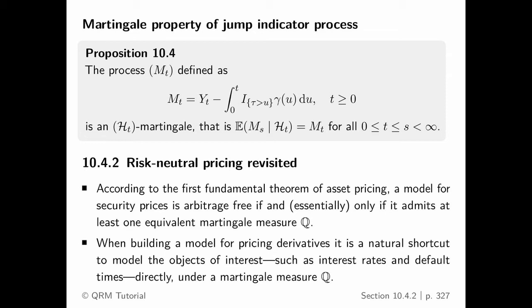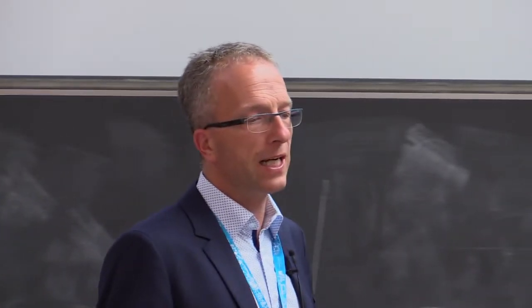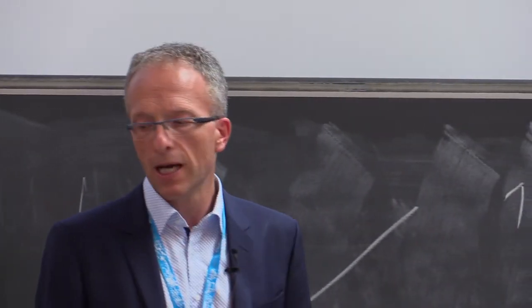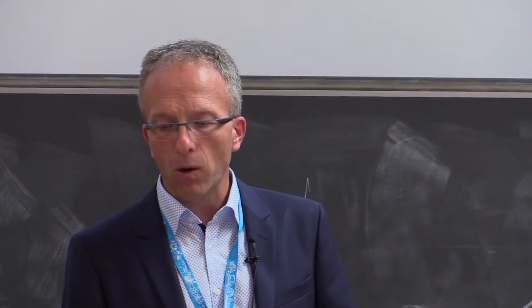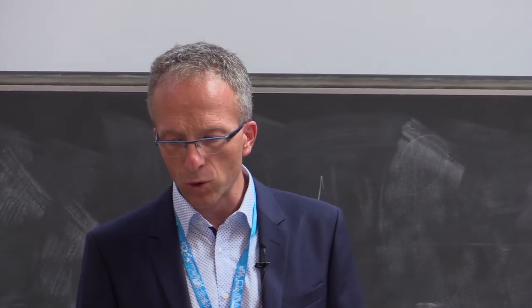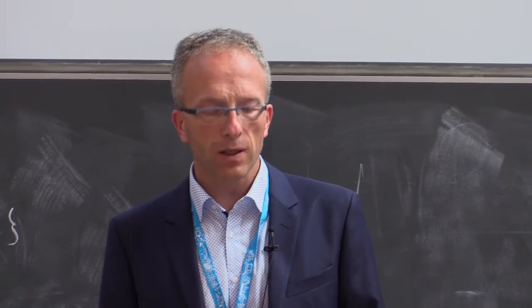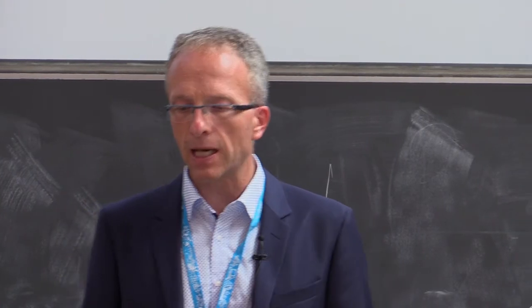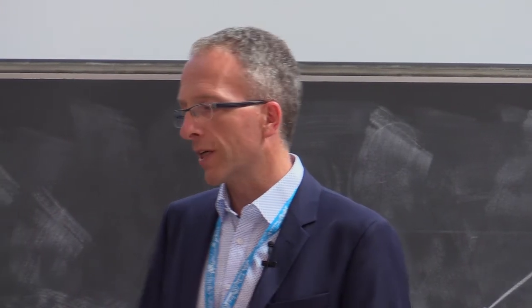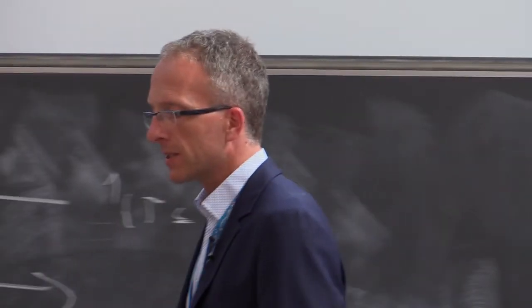Okay, so that's the mathematical tools to understand the hazard rate models. And now we come to some financial tools. We will have a very quick look at risk-neutral pricing to refresh your memories, and because it is important to distinguish it from actuarial valuation principles.